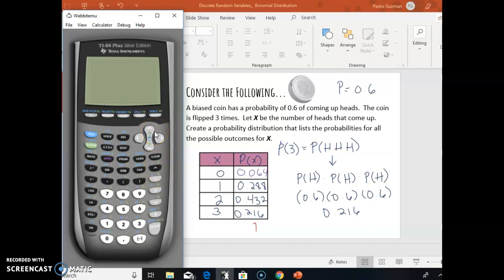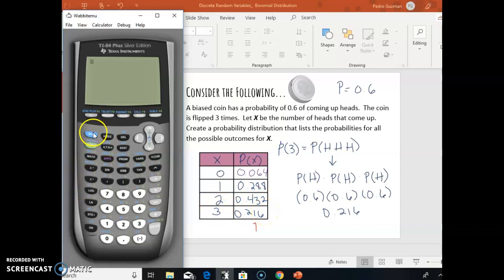X is the number of heads, and we created a probability distribution, and it took the better part of one of these videos. So to do this with the calculator, we're going to use the binom PDF function because we want to know the probability of exactly 0 heads, exactly 1 head, exactly 2 heads, and exactly 3 heads.